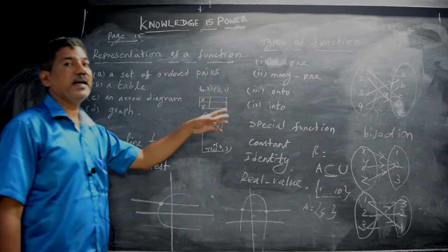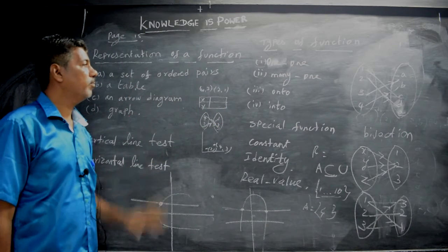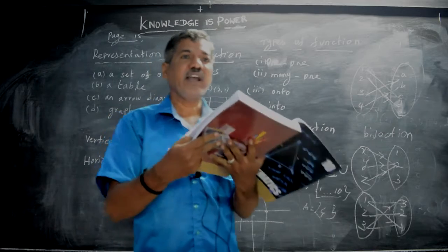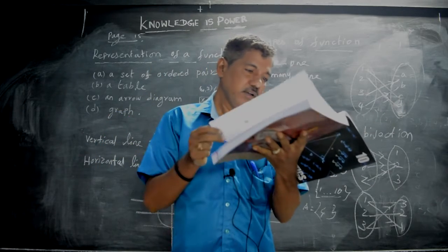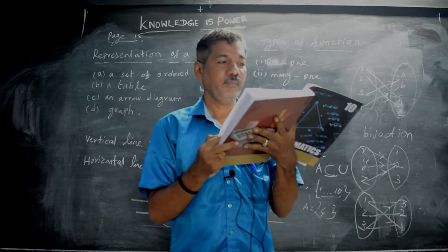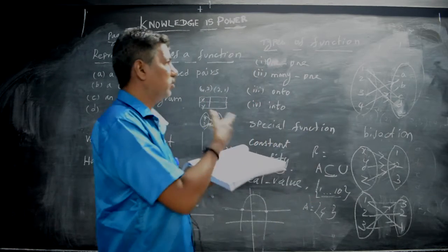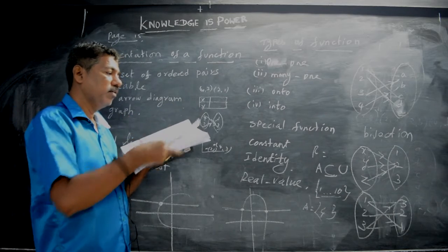If you understand clearly, then you can follow it. It's clear? So after getting the textbook, go through page number 15. What I taught now is from page number 15.